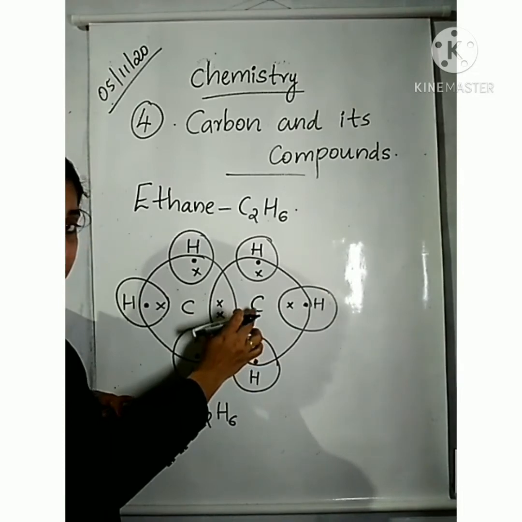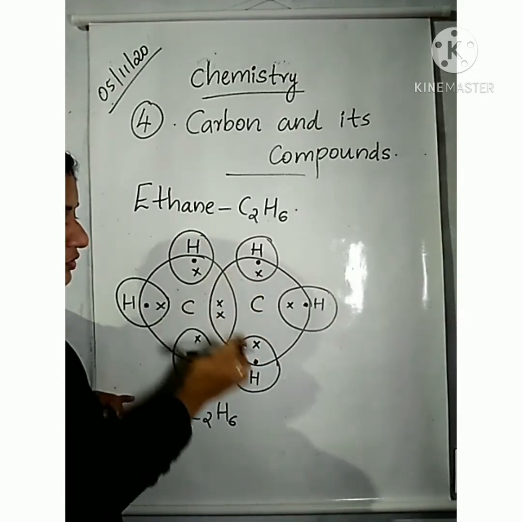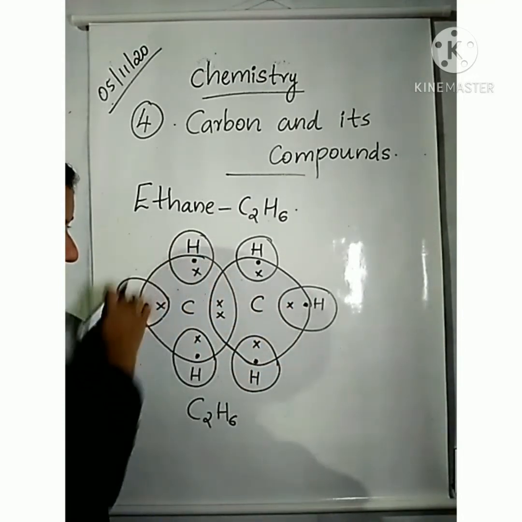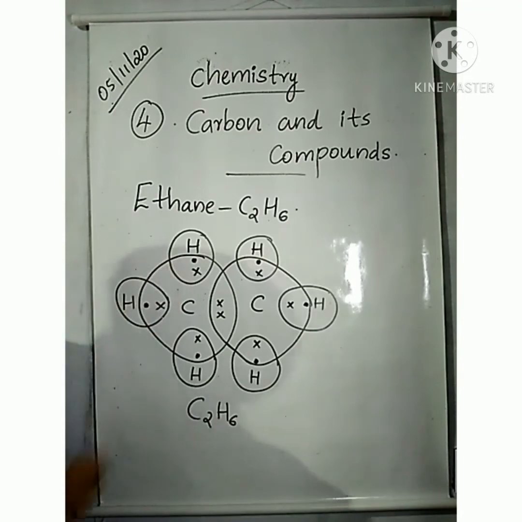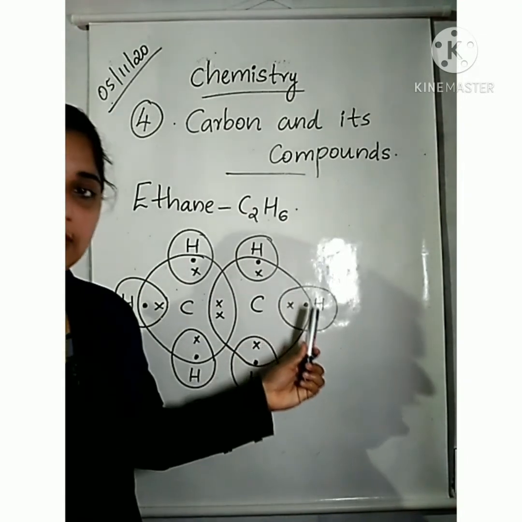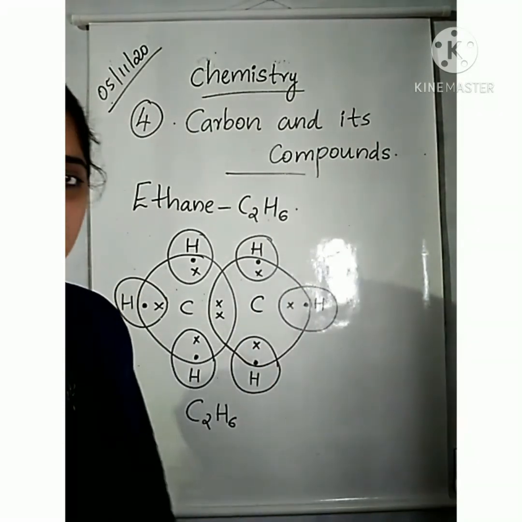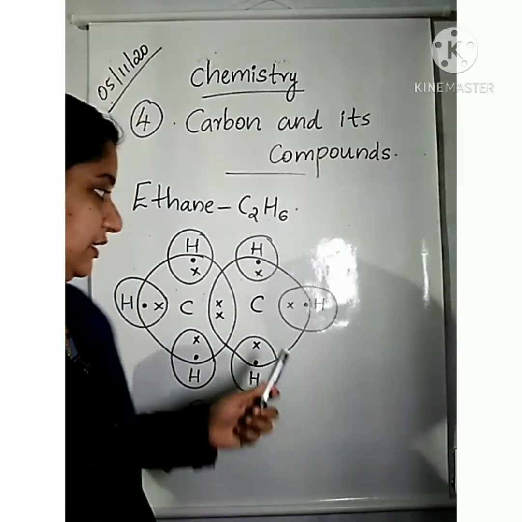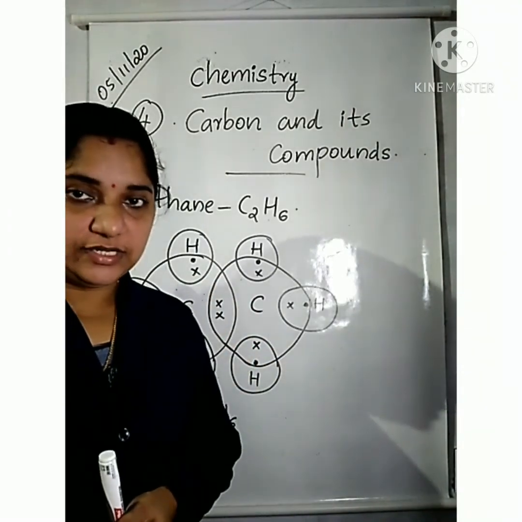This also attains its octet. 2, 4, 6, 8. Each hydrogen atom attains its stability by getting 2 electrons. Okay, 2 electrons in their valence shell. So, in this way, each atom attains its stability.